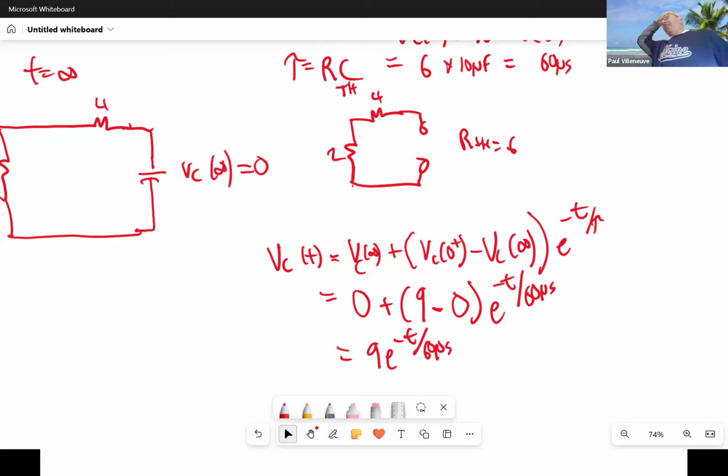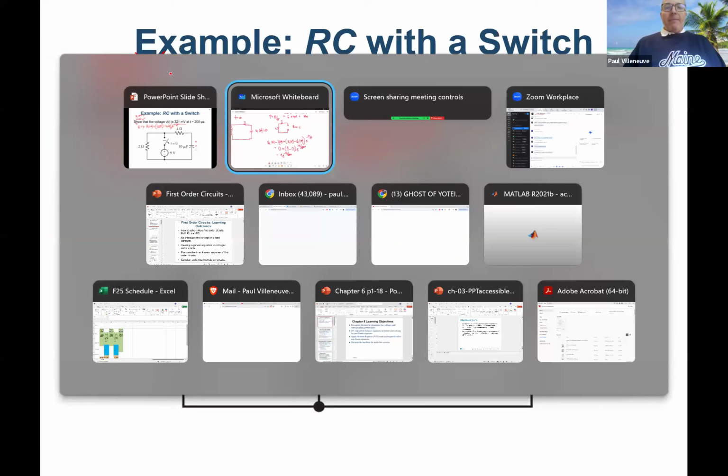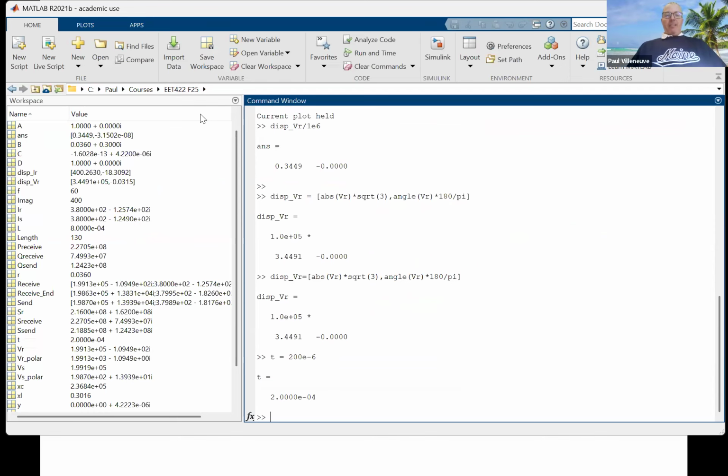So if you remember the problem, it said check what the voltage is at 200 milliseconds, or was it 200 microseconds? Let's see. 200 microseconds. So let's take advantage of MATLAB. And so we're going to write an expression. But first, we'll specify the time. So 200 microseconds is 2 e to the minus 6.